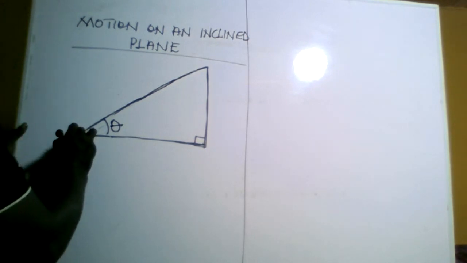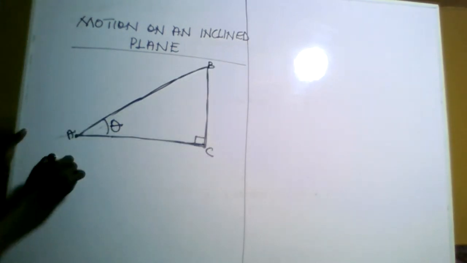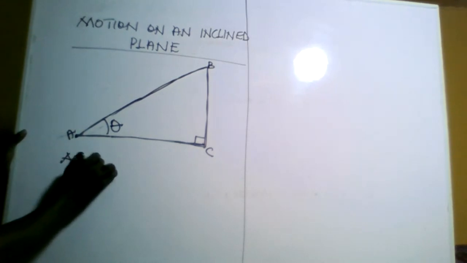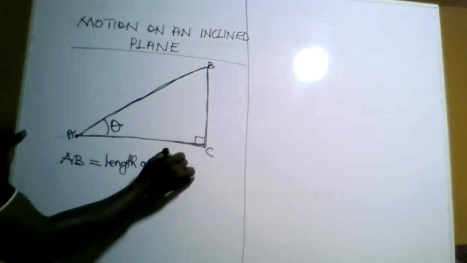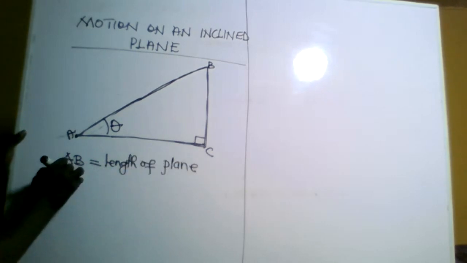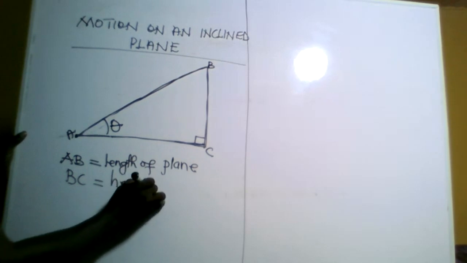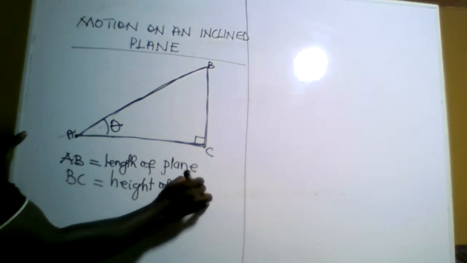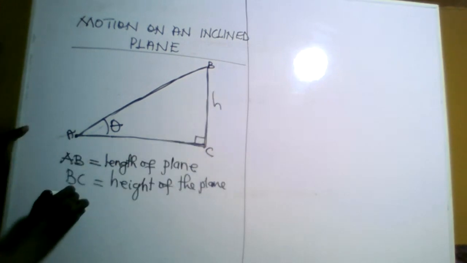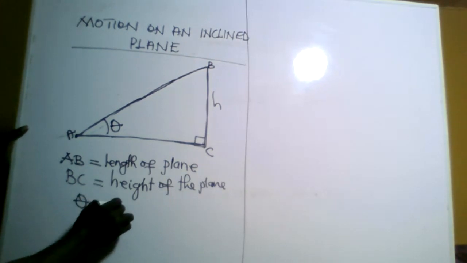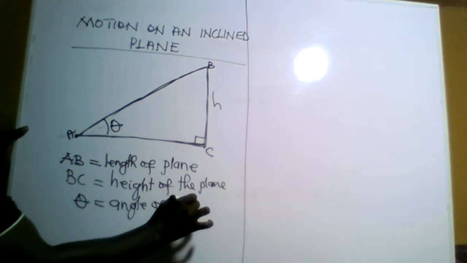So A, B, C. BC is equal to the height of the inclined plane. This is equal to H, and theta is the angle of inclination.